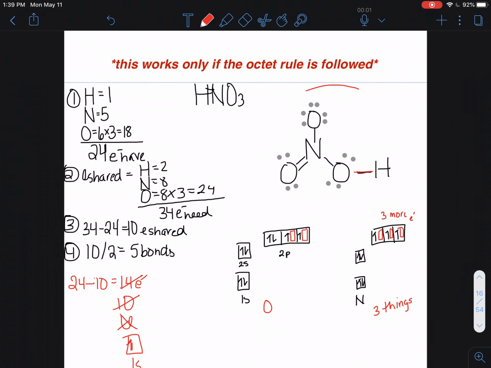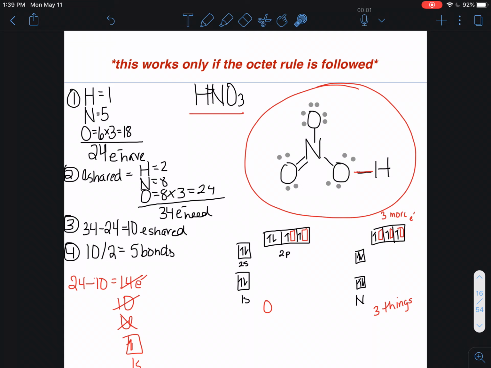So this collectively is the Lewis structure for HNO3, okay? For these oxyacids, the take-home message is that it's going to be the same type of method that we've been doing before. Since there's no charge on it, we don't add an electron.